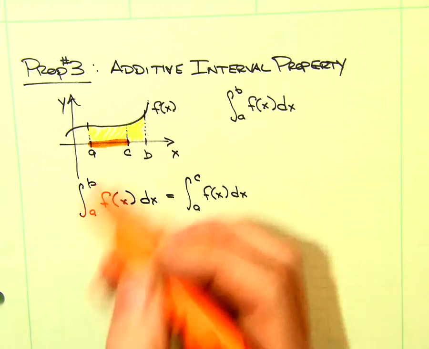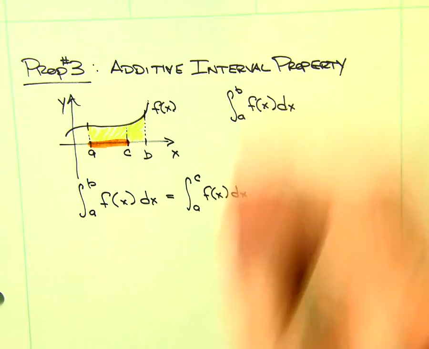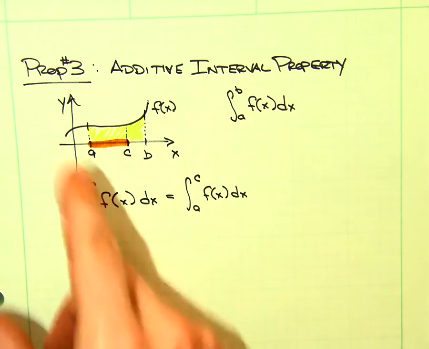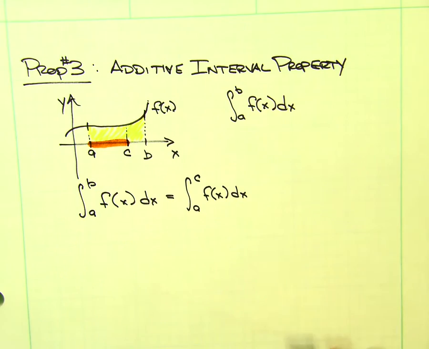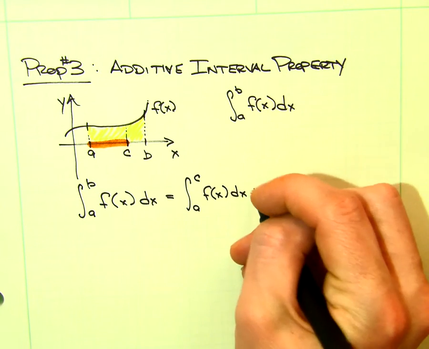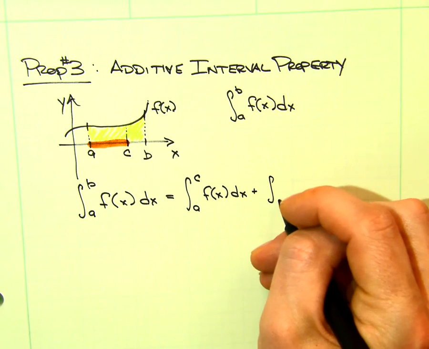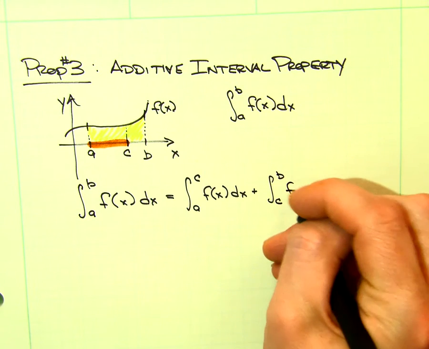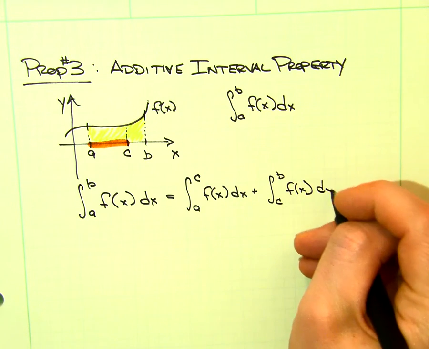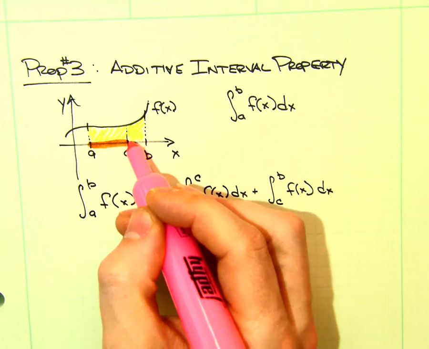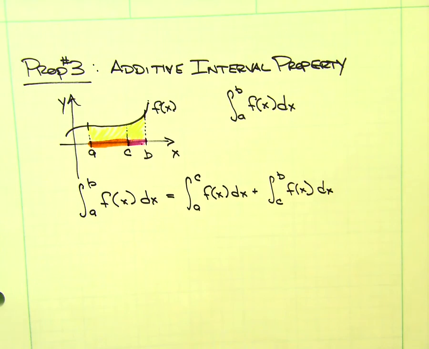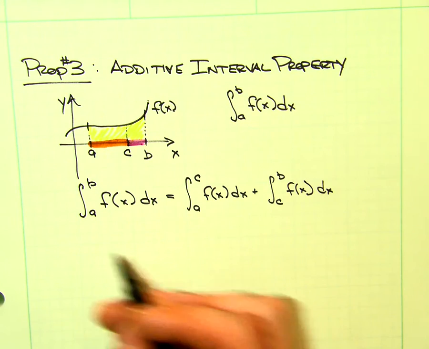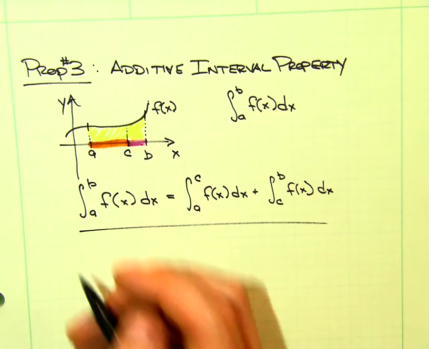I'll put it in orange. That's just that interval right there. Plus from C to B, f of x dx. And I'll put this interval in pink, and that's just this interval between C and B. So that's all it's saying. Nice visual going on there. This is the additive interval property.